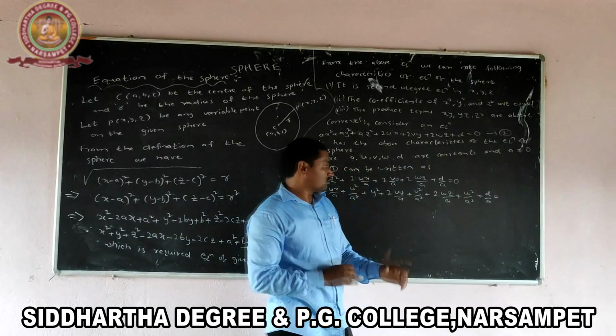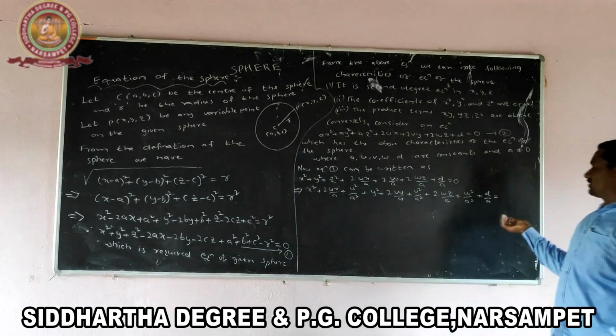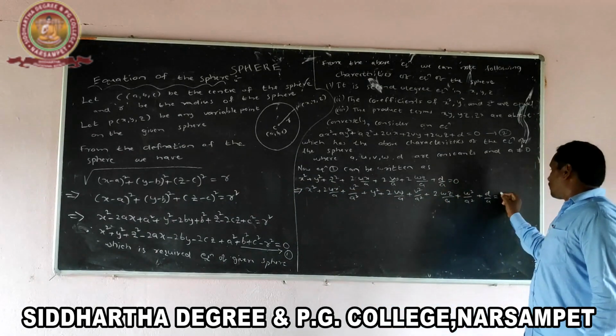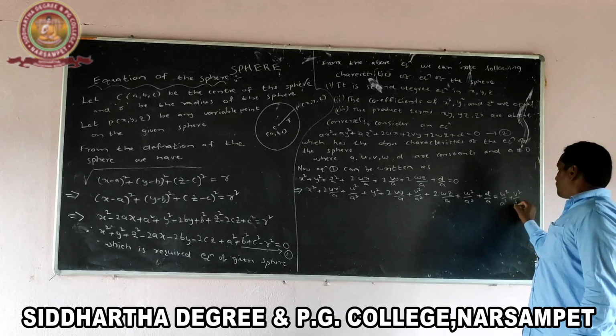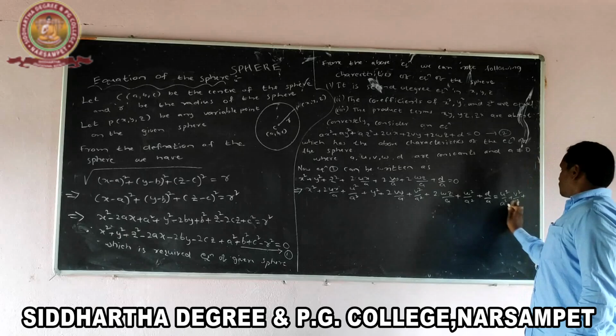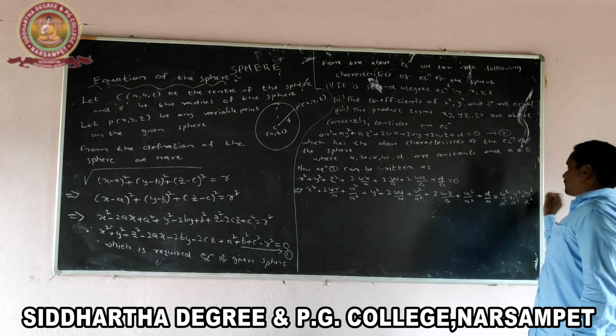So the same terms we have to add on RHS, right hand side also, means u square by a square plus v square by a square plus w square by a square.